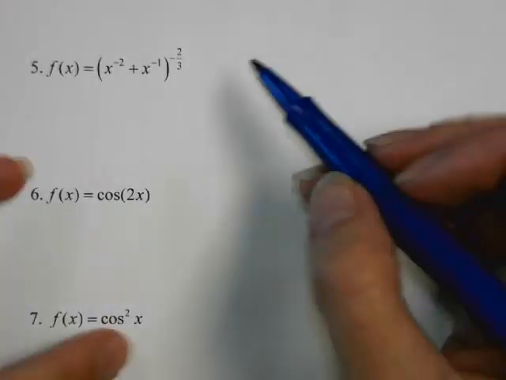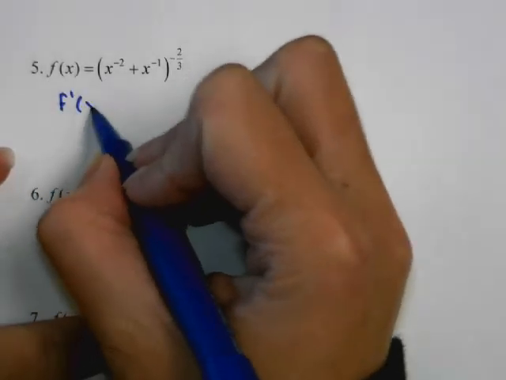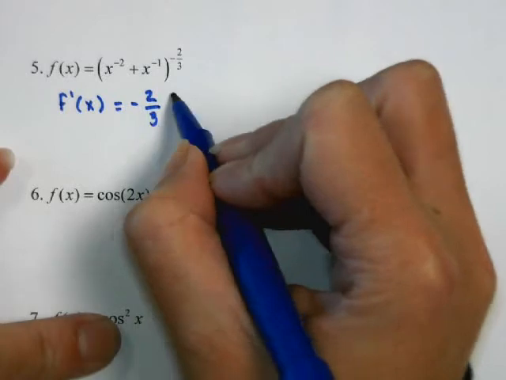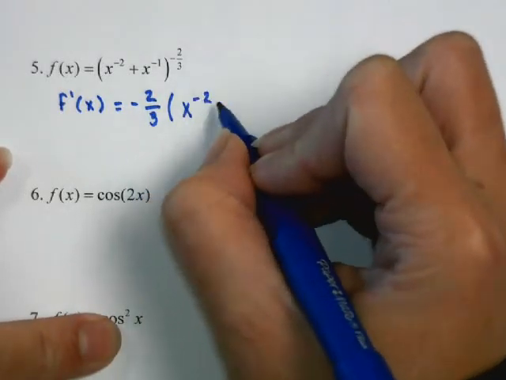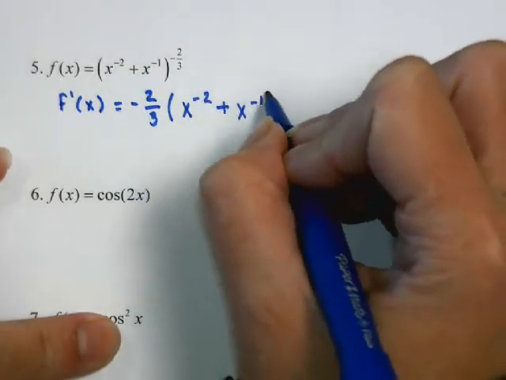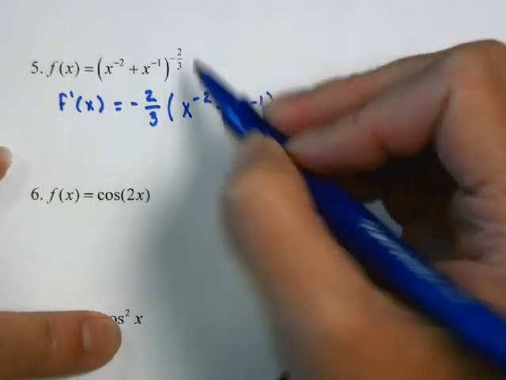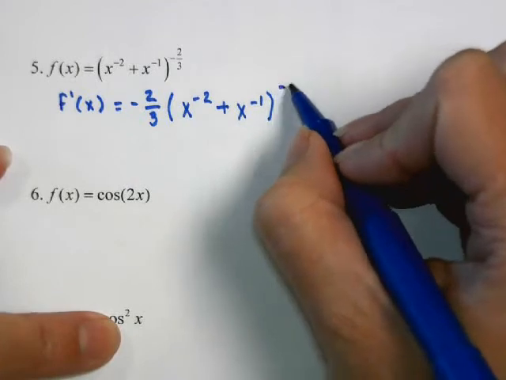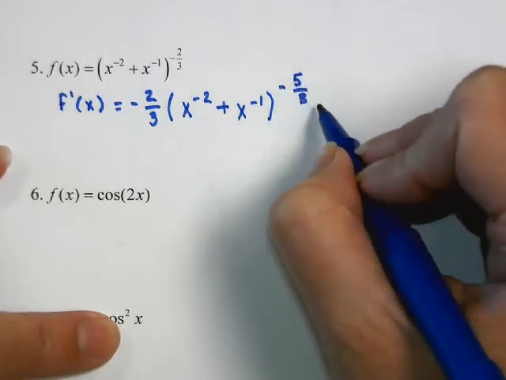All right, another power rule. We'll multiply by the power, so negative 2/3 times x to the negative 2 plus x to the negative 1. We're going to subtract 1 from this. If I'm subtracting 1, that's subtracting 3/3, so we'll have negative 5/3.